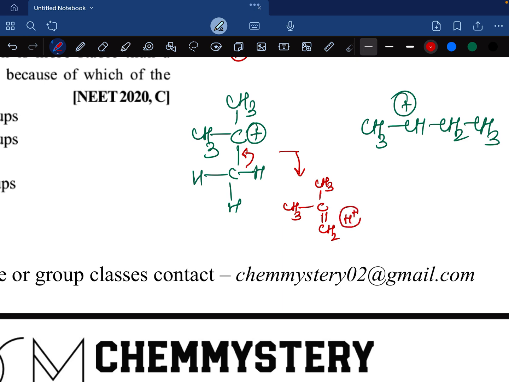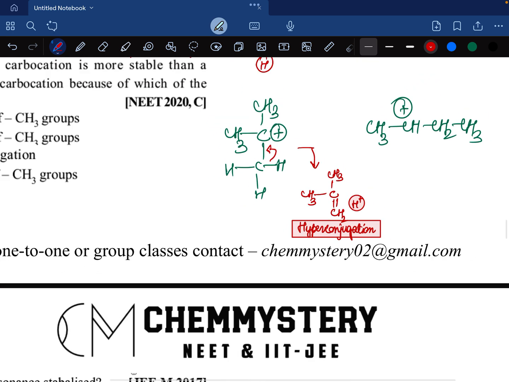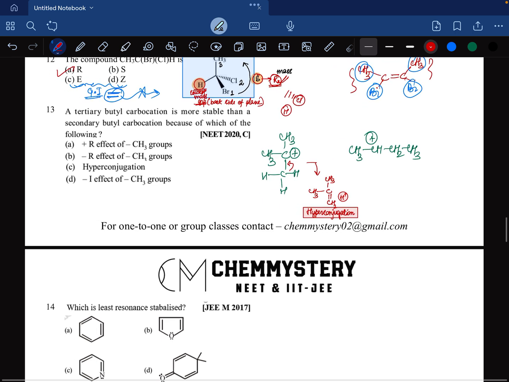H positive is coming out. This phenomenon we call hyperconjugation. The number of hyperconjugative structures depends on the number of alpha hydrogens present.